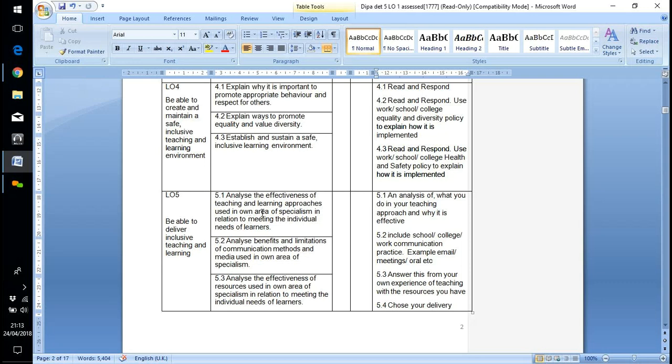Does it work? Could it be improved? That's basically all LO5 is asking. But it's asking you to analyse those, so that means there's got to be some discussion in your script, not just a list of things that you do. Yeah, I understand.